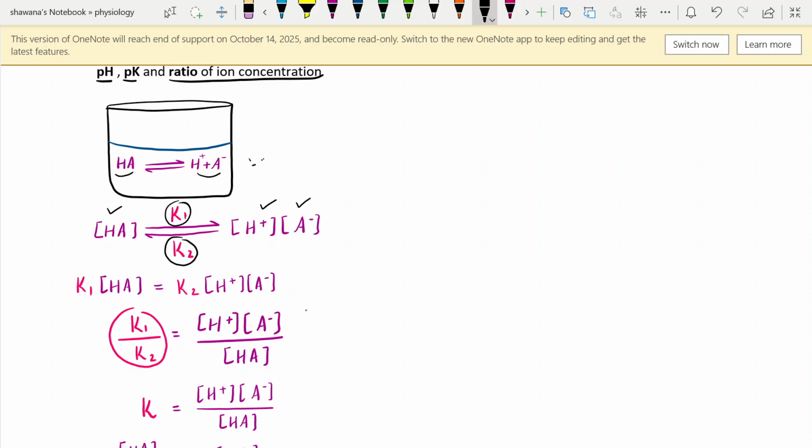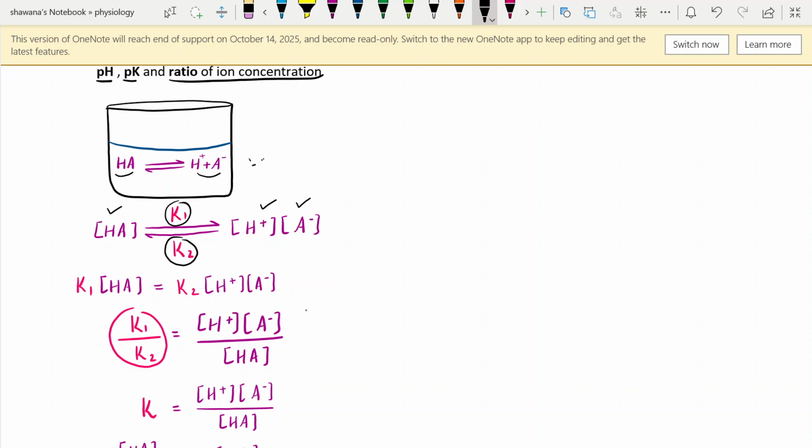This is a basic or fundamental representation of the Henderson-Hasselbalch equation. In order to remove these arrows, we need to write something equal in place of them. So K1 multiplied by HA is equal to K2 multiplied by H positive concentration and A negative concentration.